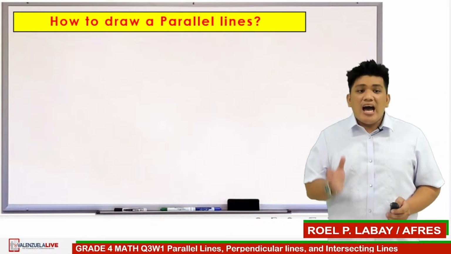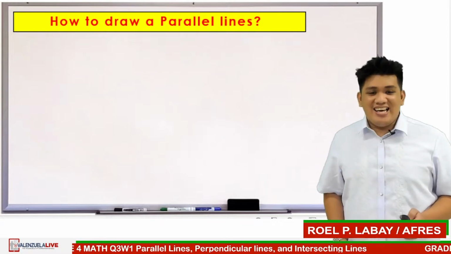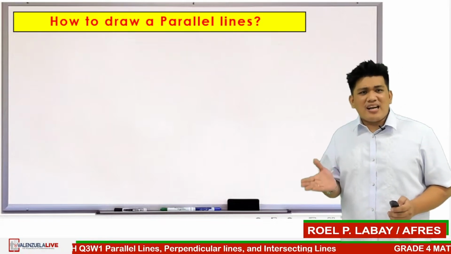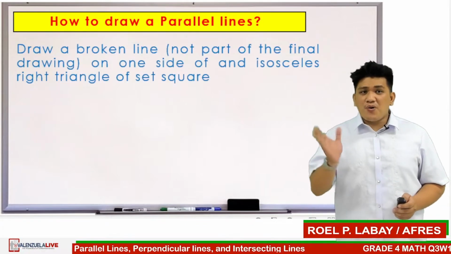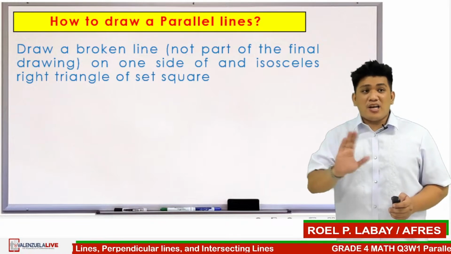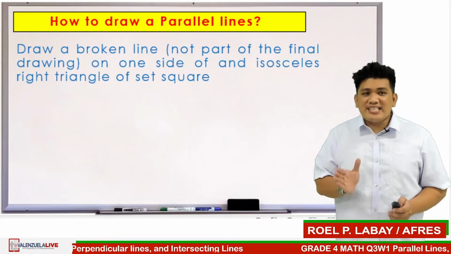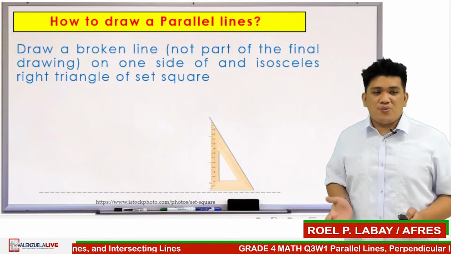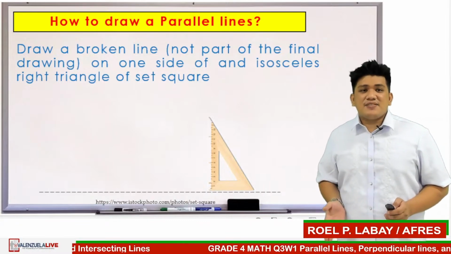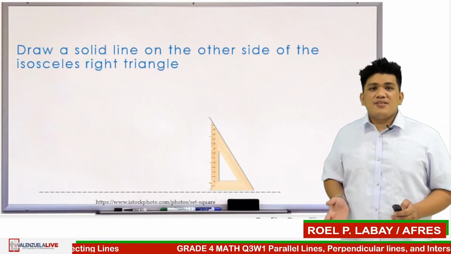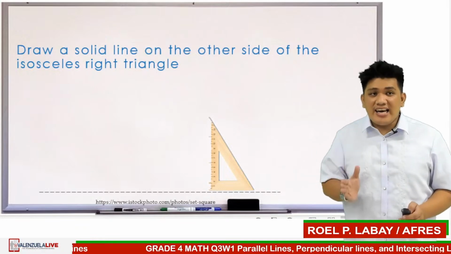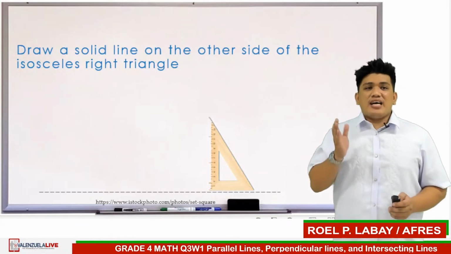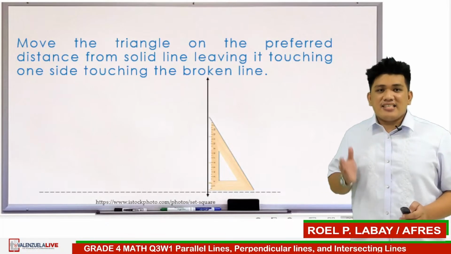Let us learn how to draw parallel lines. Just draw a broken line. It is not part of our final drawing. On one side, place one side of the isosceles right triangle of the set square. Next, we'll draw a solid line on the other side of the isosceles right triangle.